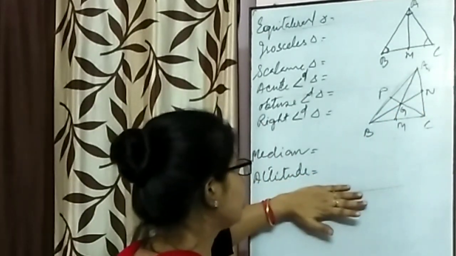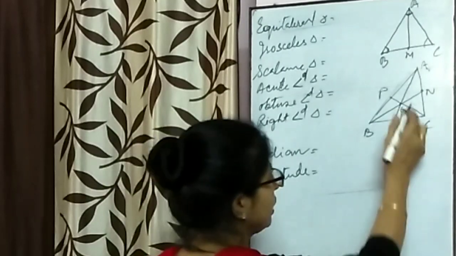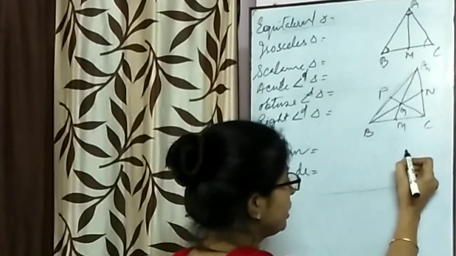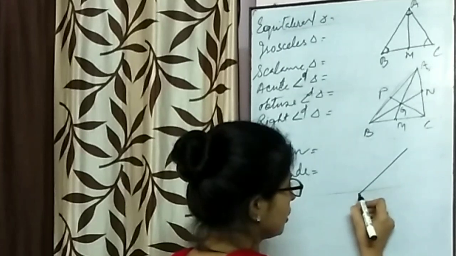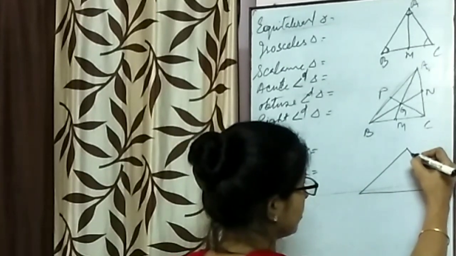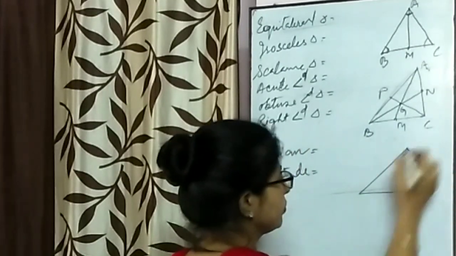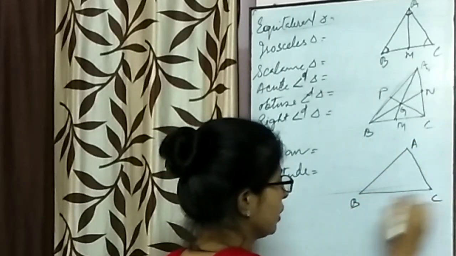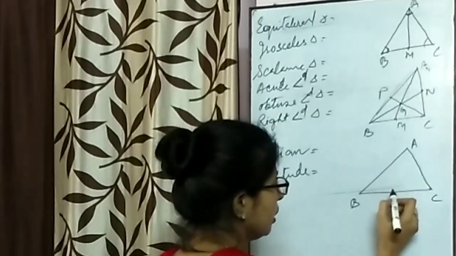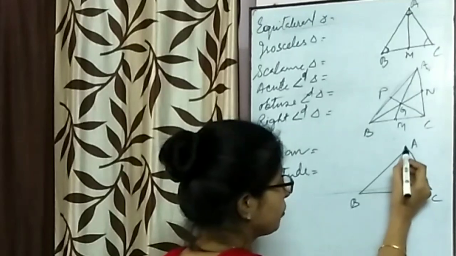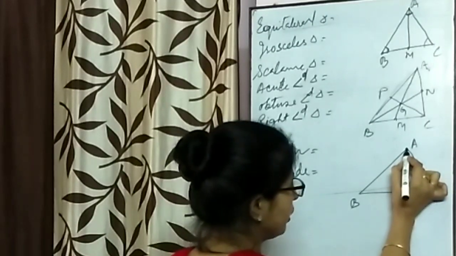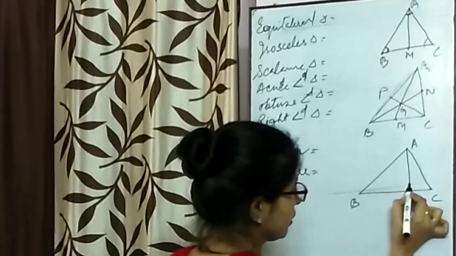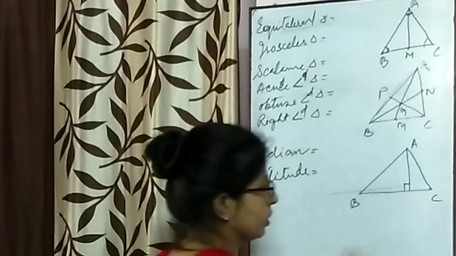Now what about the altitudes? These are all medians I have drawn. Altitude means you are not to choose the midpoint, you have to draw a perpendicular from one vertex to the opposite side. Have you noticed?